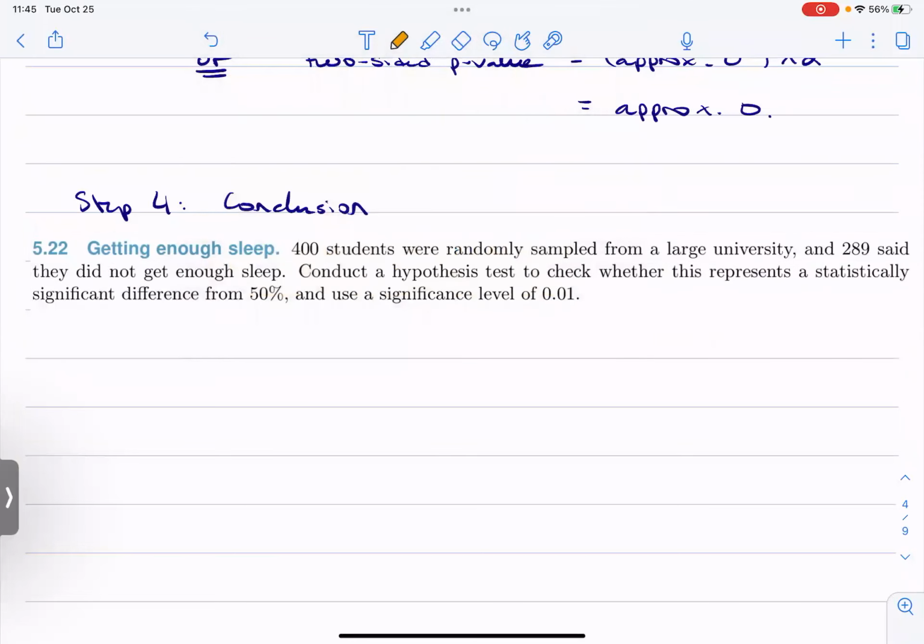Here it says use a significance level of 0.01, which means alpha is going to be 0.01. If it didn't say anything, then you would use 0.05. 0.05 is kind of the industry standard, what we use.